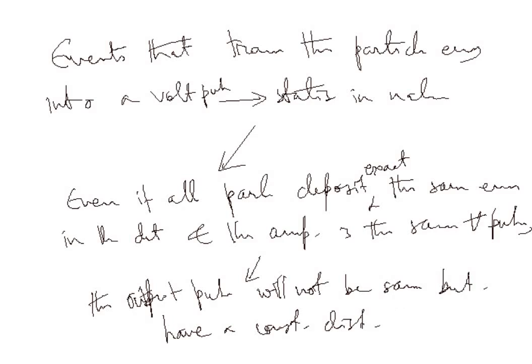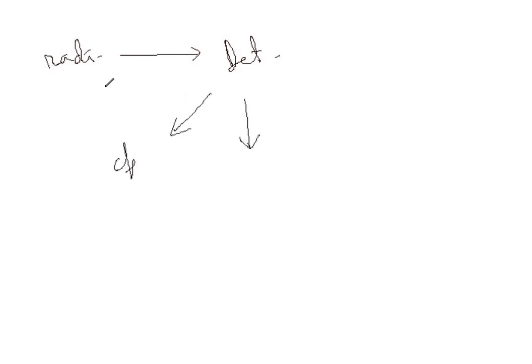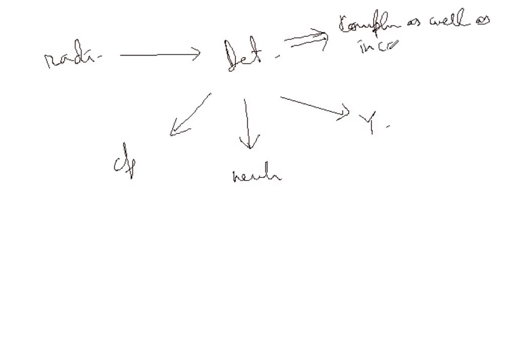Okay. Any questions? As I was telling you, if there is some radiation incident on a detector, depending on what type of radiation it is, charged particle, neutron or gamma ray, we can have complete as well as incomplete energy deposition in the detector.